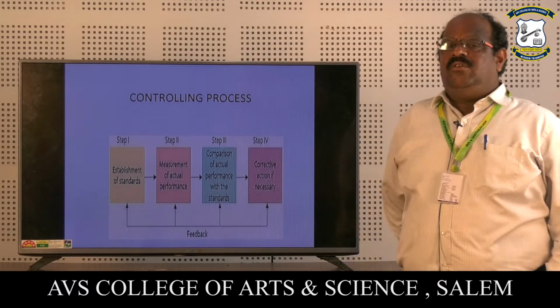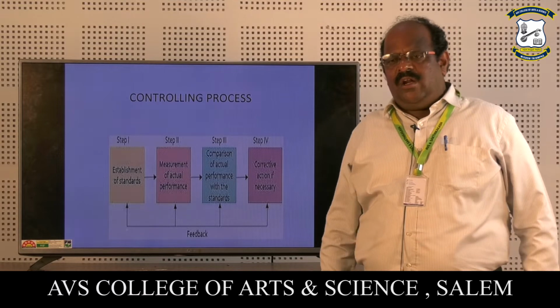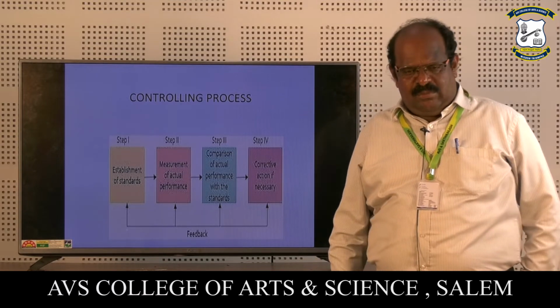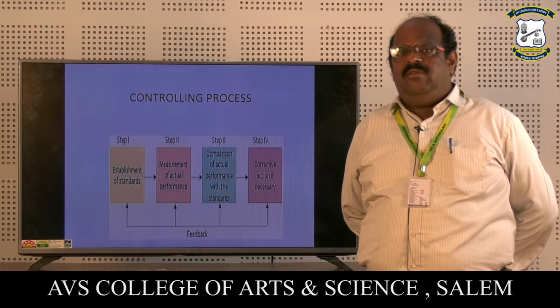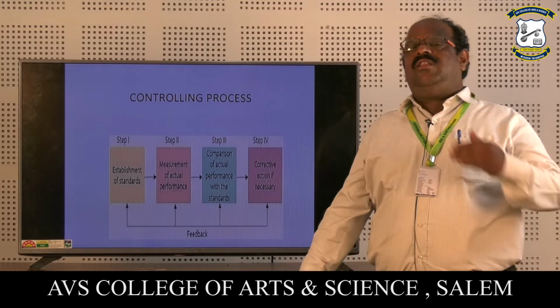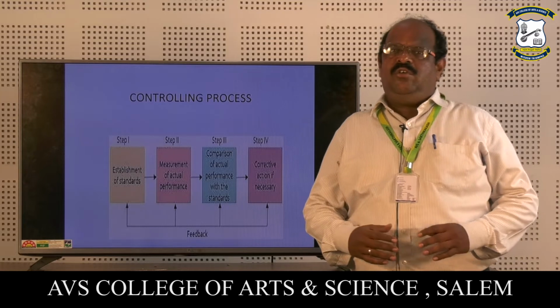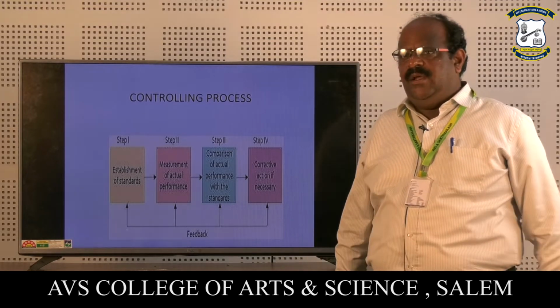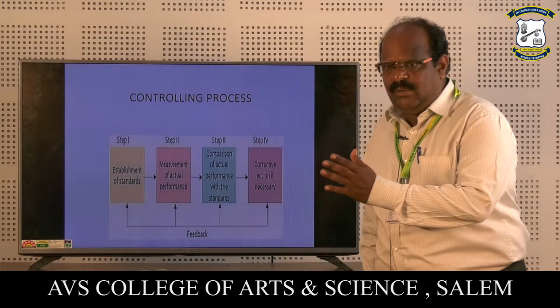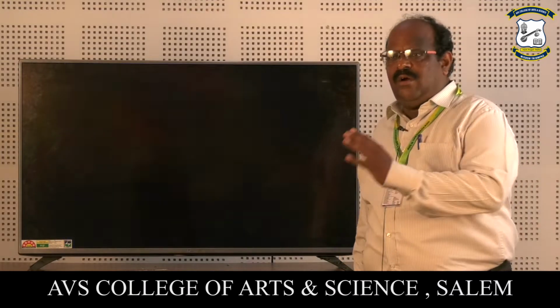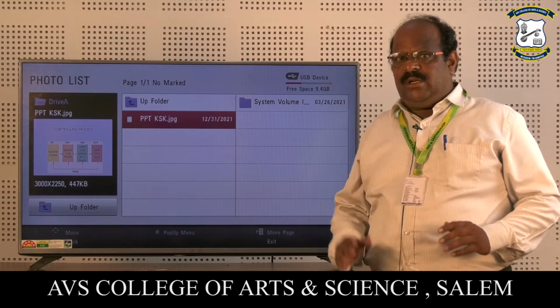Okay, let me come to what is controlling and what is to be controlled in management. We have to be very clear about what factors have to be controlled. For example, if you consider a production company, what are the factors to be controlled? Whether the quality of the product or the output per day.